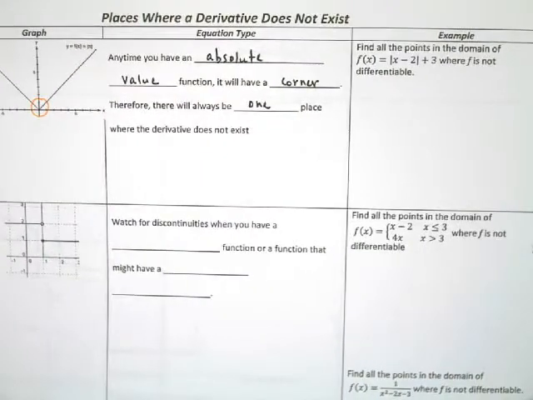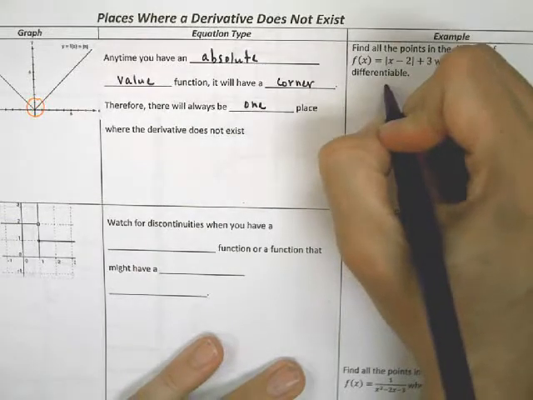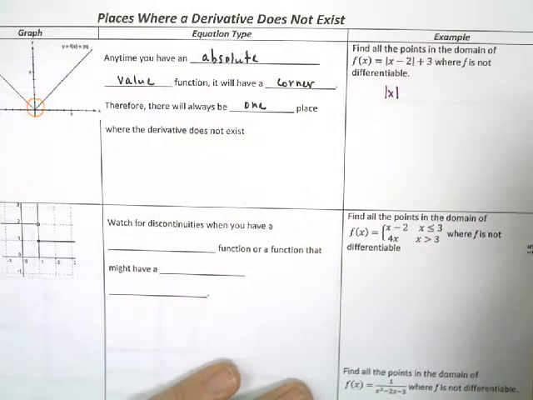For example, here it says to find all points in the domain of f of x equals the absolute value of x minus 2 plus 3 where f is not differentiable. Now, I know that this graph is just the absolute value of x.